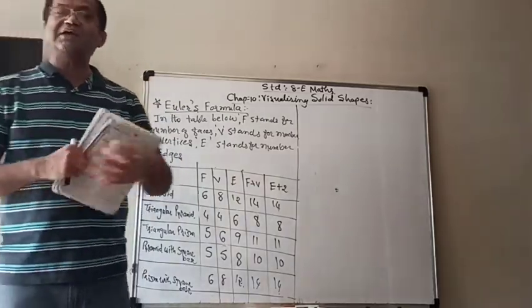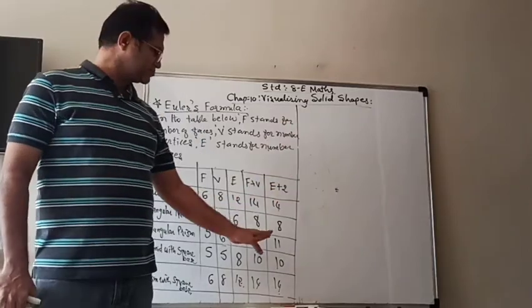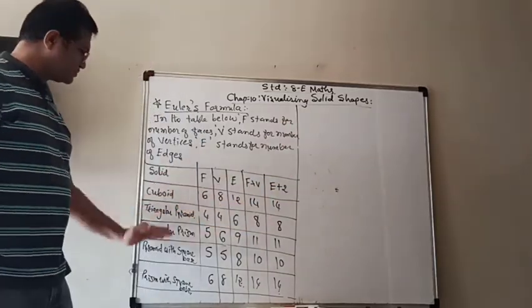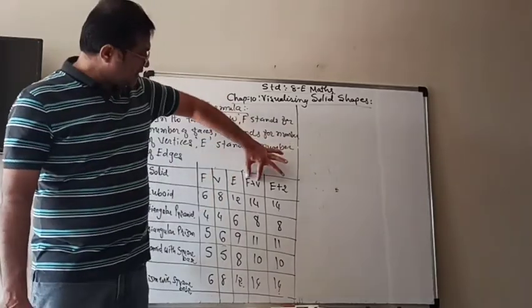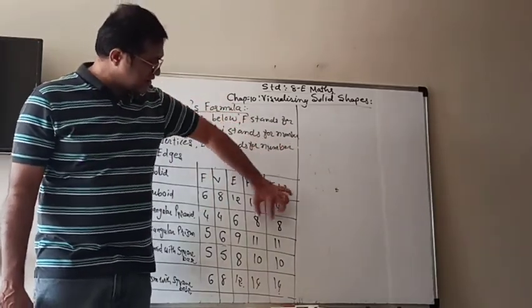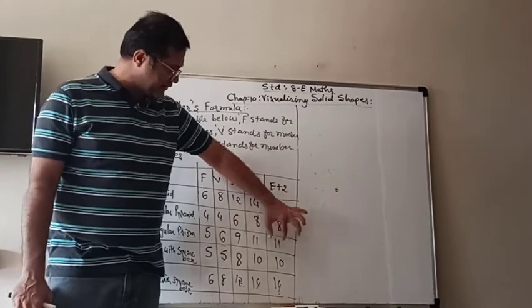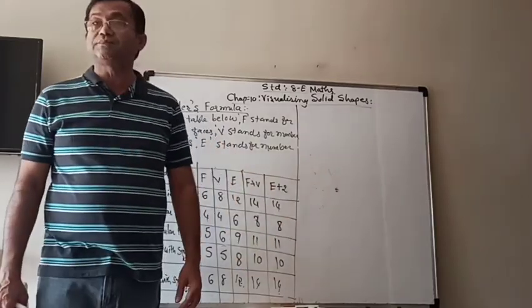We observe that in the last 2 columns, for each solid, the answers are the same. Means F plus V and E plus 2 values, you can see that 14, 14, 8, 8, 11, 11, 10, 10, 14 and 14.